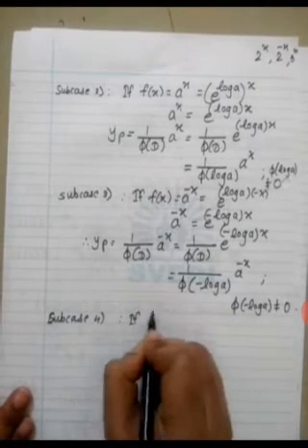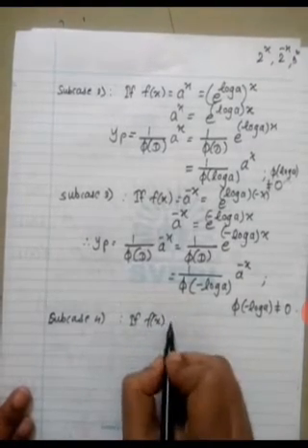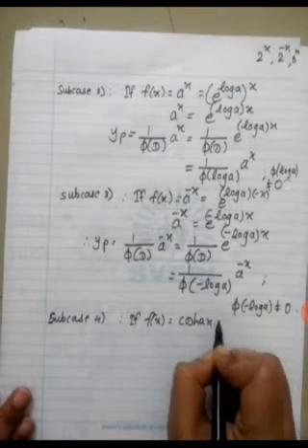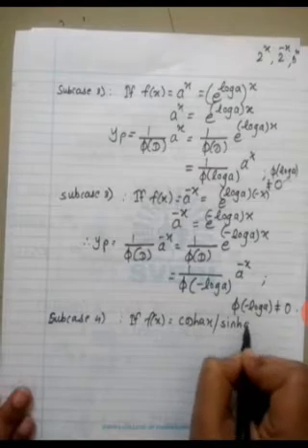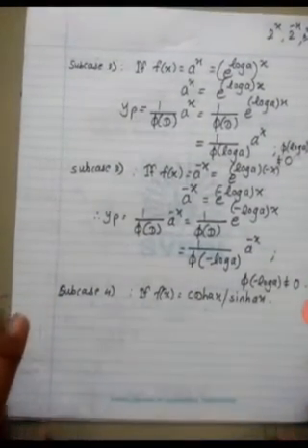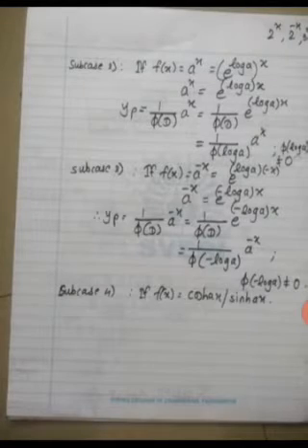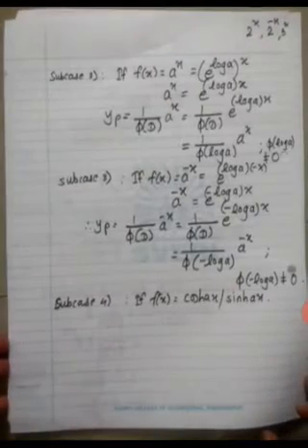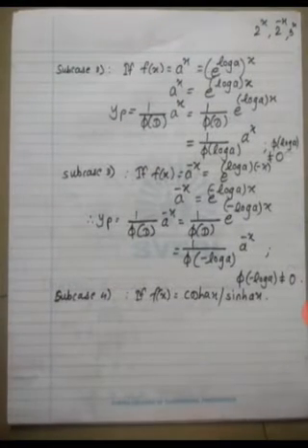And the last subcase is if your f of x is a hyperbolic function like cos hyperbolic ax or sin hyperbolic ax. If the function is hyperbolic, how can we convert it into e? These are standard formulae.